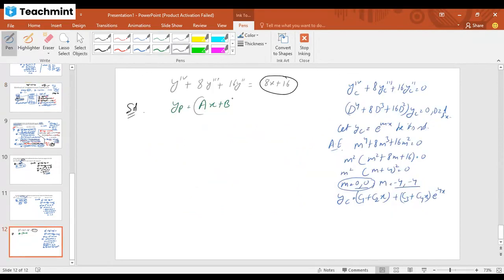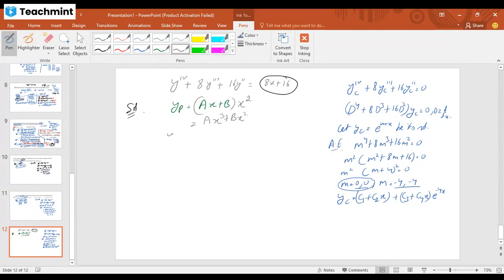So what will be the trial solution in this case? We need to multiply it with x power 2, because 0 is repeated 2 times in this case. So our trial solution is a x cubed plus b x squared. Like I told you, when you substitute this value in the left hand side, it must satisfy the right hand side.